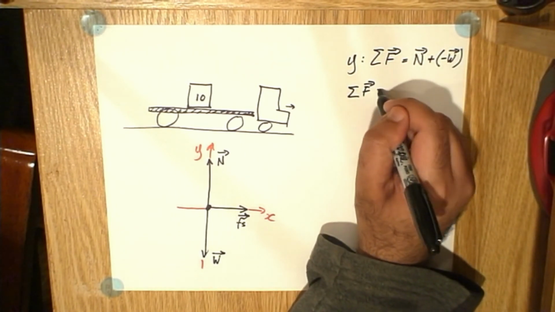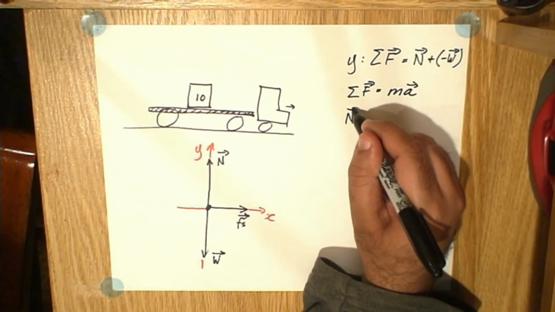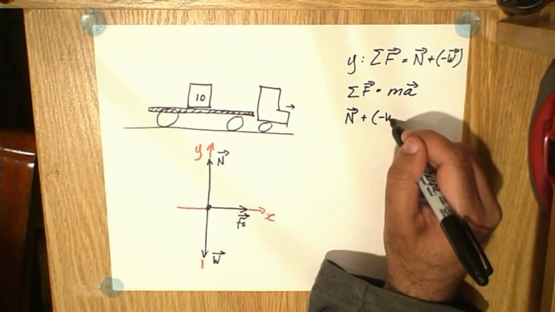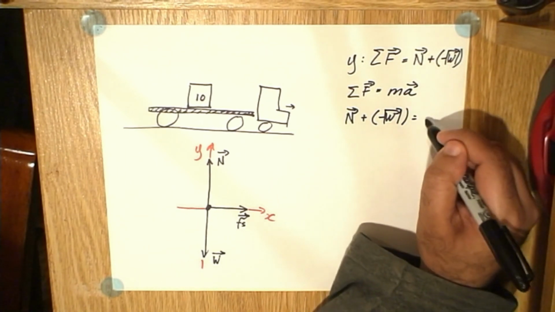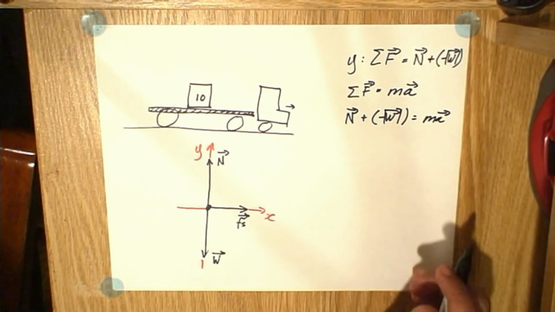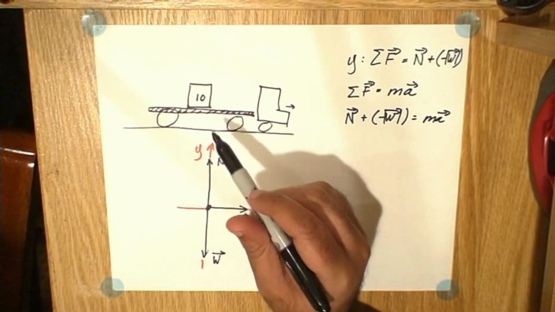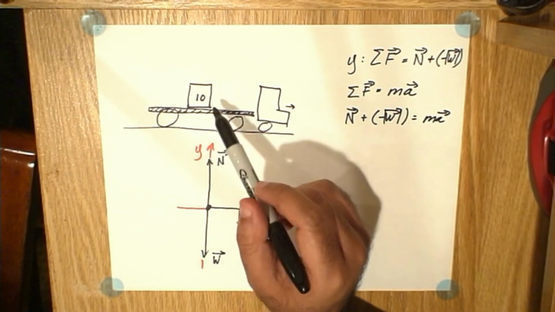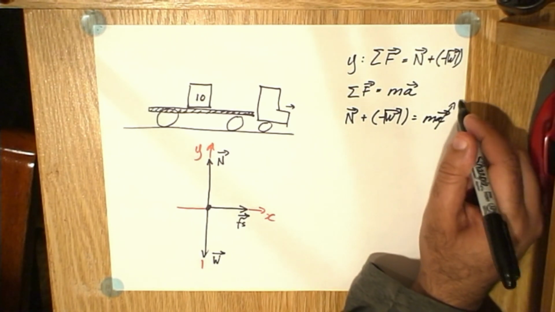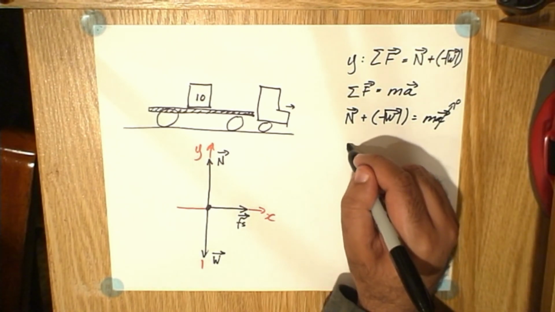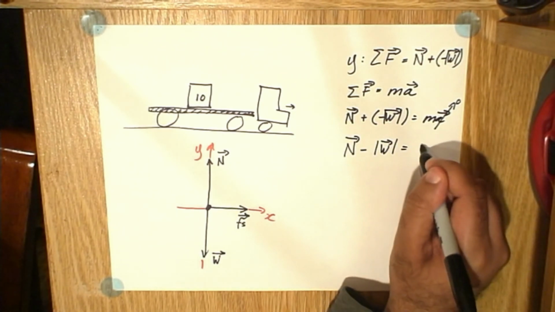Total force is equal to mass times acceleration. So normal plus negative weight equals mass times acceleration. Now, this object is not collapsing into the truck bed, nor is it levitating off the truck bed. That means that the acceleration is 0. So we now have normal force minus the weight force is equal to 0.